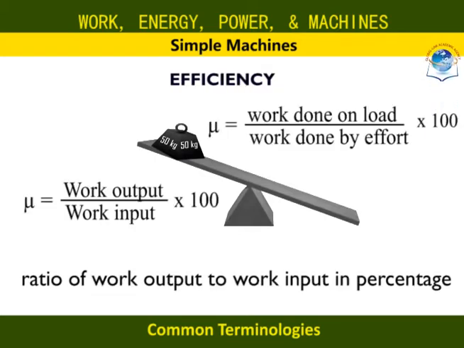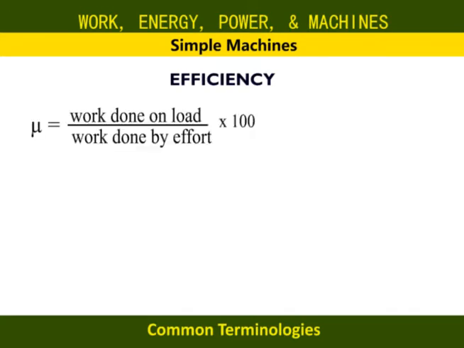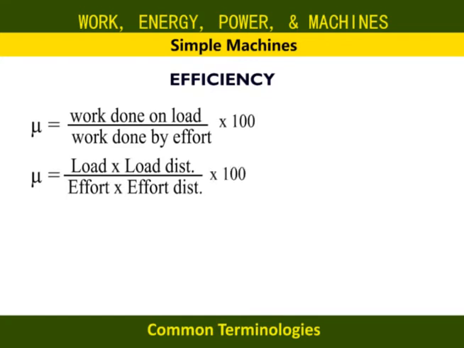Efficiency μ is the ratio of the work done by the load to the work done by the effort, expressed as a percentage. It is also given as the ratio of the work output to work input, expressed as a percentage. But work done is equal to force times distance, and therefore efficiency is equal to load times load distance over effort times effort distance.